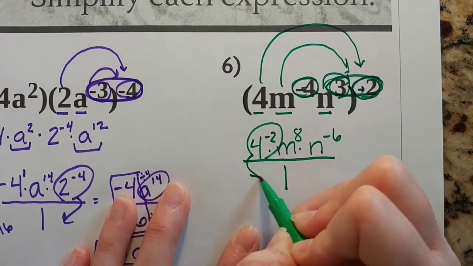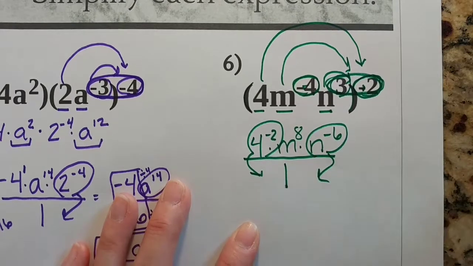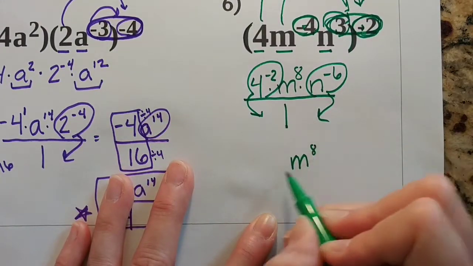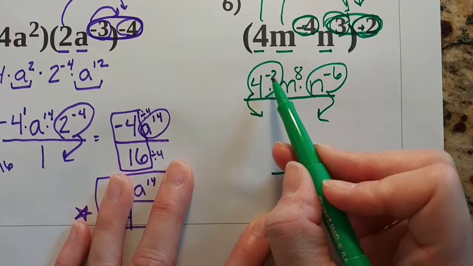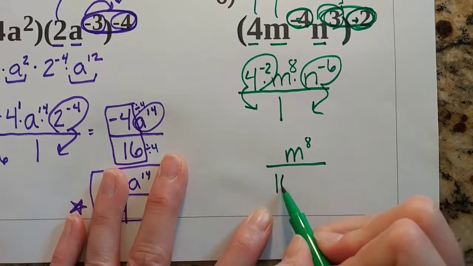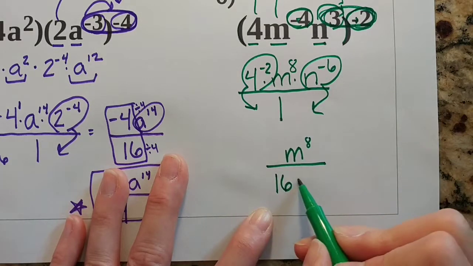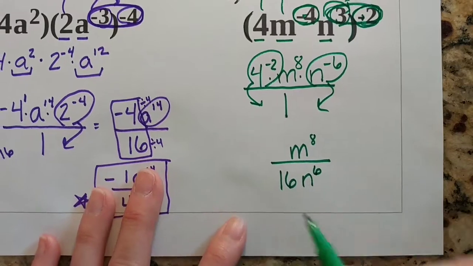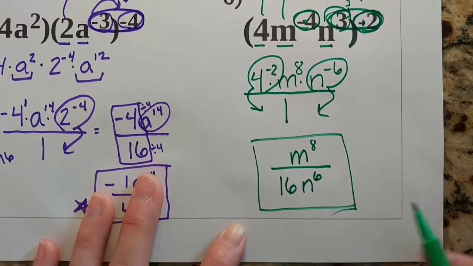Then you'll notice that these are going to have to come downstairs. The only thing that stays in the numerator is m to the 8th. Now 4 to the negative second comes downstairs and becomes 4 to the positive second, and you know that that's 16. The n's going to come down and join it, only now that the n's downstairs, it will have a positive exponent. And there's my simplified answer.